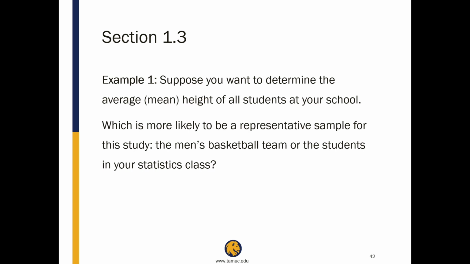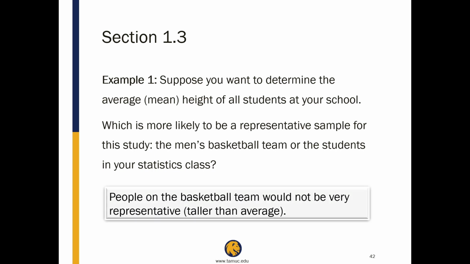So if you're looking to pick a sample which is representative of the school as a whole, probably not best to pick the basketball team specifically, because they're not going to be very representative. They'll be taller than average. So again, an exaggerated example of how a sample could be chosen, and you could take the average height, but it's not going to be representative of the overall population of the school.